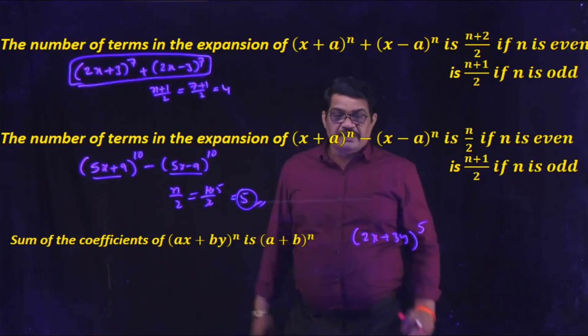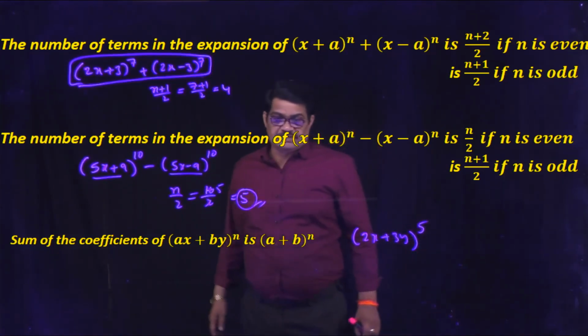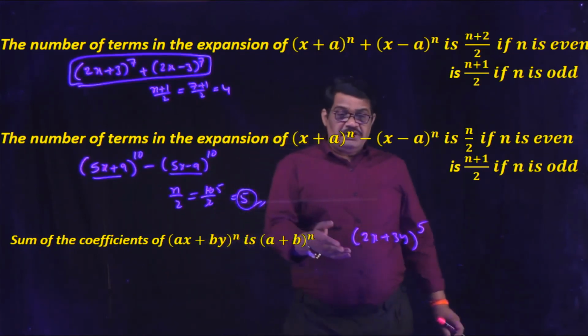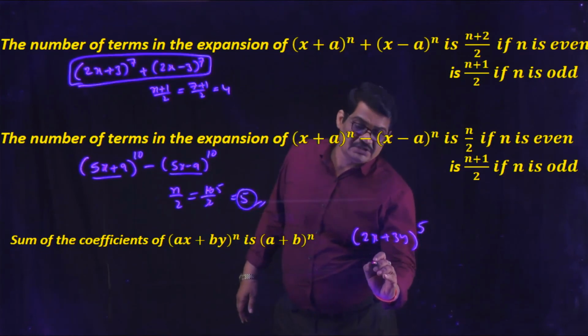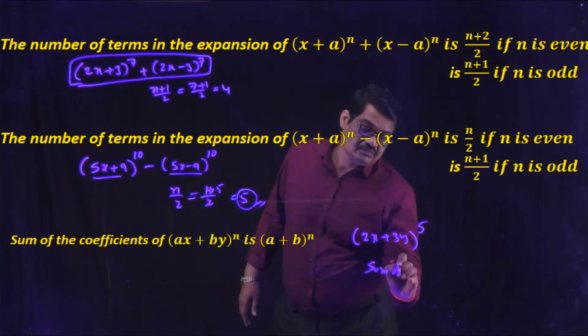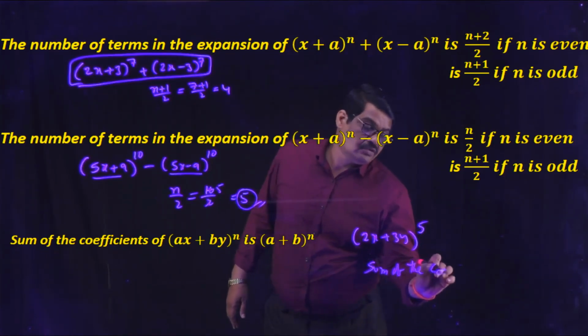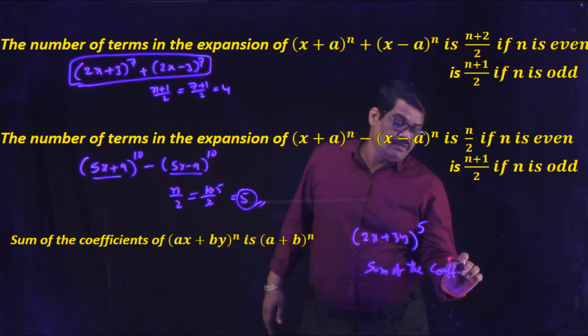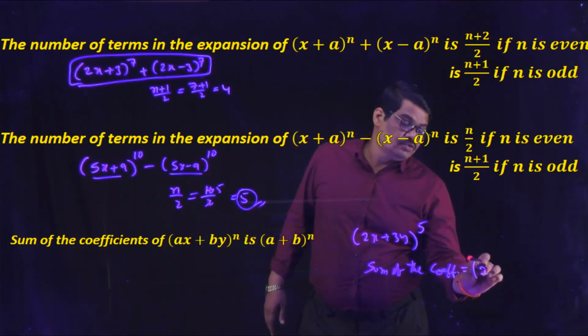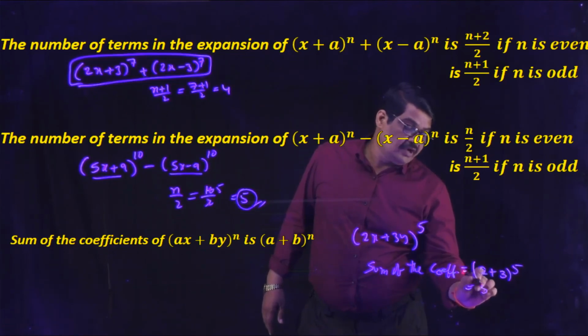In that expansion, the sum of the coefficients, what is the formula? We take a + b, where a is 2 and b is 3, to the power of 5. That is 5 to the power of 5.